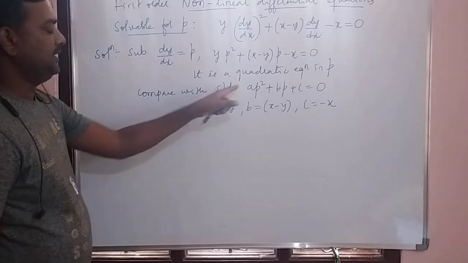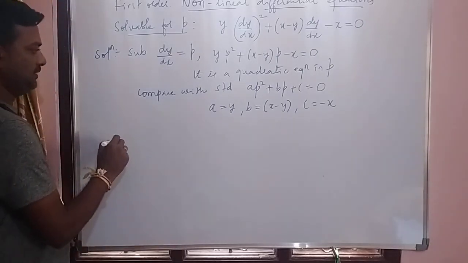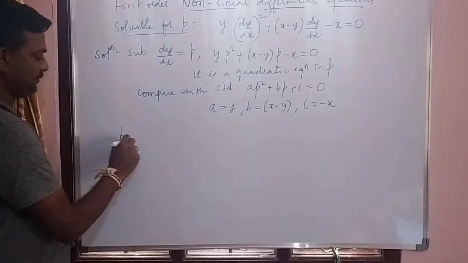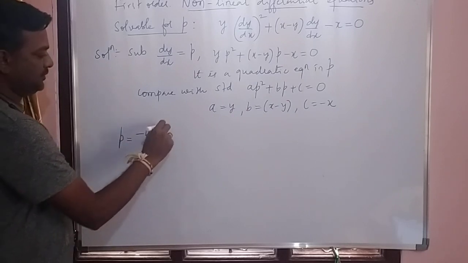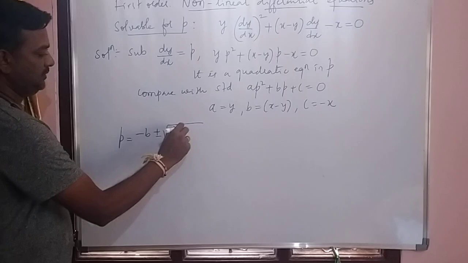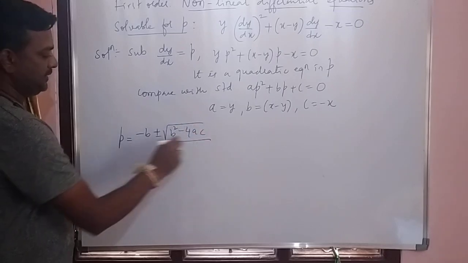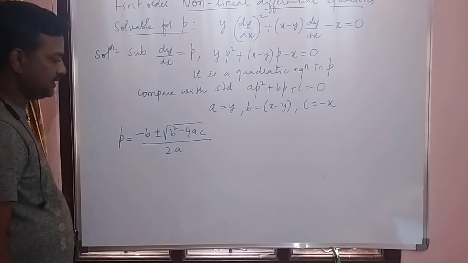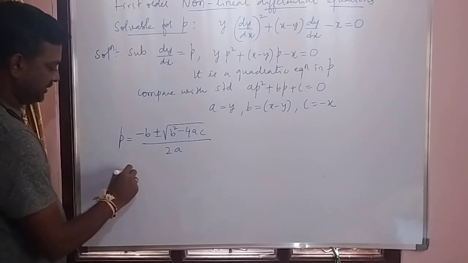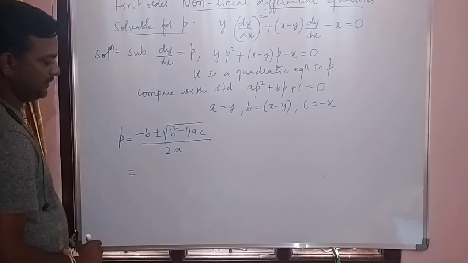So now we are using Sridhar's formula, that is p is equal to minus b plus or minus square root of b square minus 4ac divided by 2a. Okay, now students, just you can substitute the value and observe what will happen.